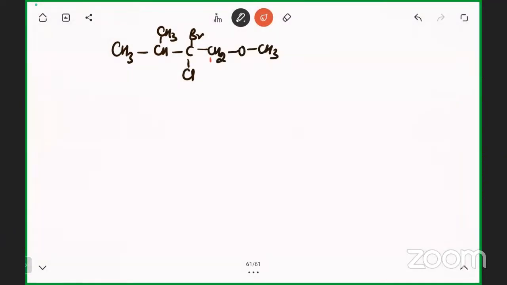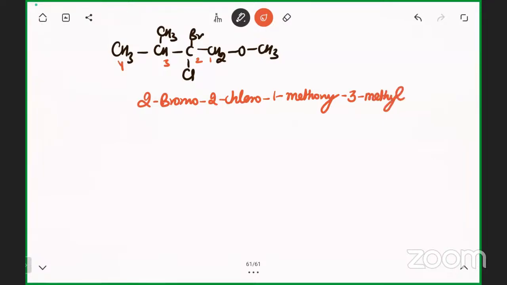See the numbering: 1, 2, 3, 4. 2-bromo, dash, 2-chloro, dash, 1-methoxy. That methyl will be at the end just because it is in the main chain. Then dash, 3-methyl, and then butane. So the name is 2-bromo-2-chloro-1-methoxy-3-methylbutane.